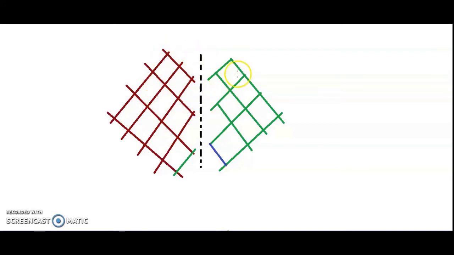Now let us imagine this crystal is formed by rotating this crystal in the clockwise direction along a particular axis called the rotation axis. It has to be rotated through an axis which is perpendicular to the plane of the screen. So we can say this is the rotation axis which is perpendicular to the plane of the screen. When we rotate this crystal through an angle, we can obtain this type of arrangement. Now this is the grain boundary or the boundary plane which also lies perpendicular to the plane of the screen.